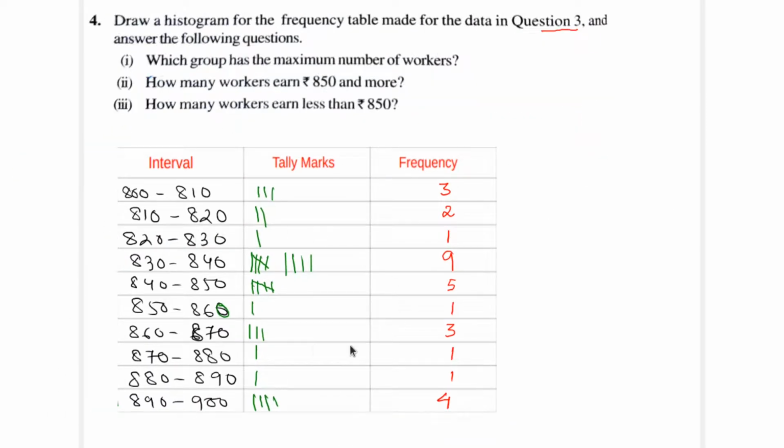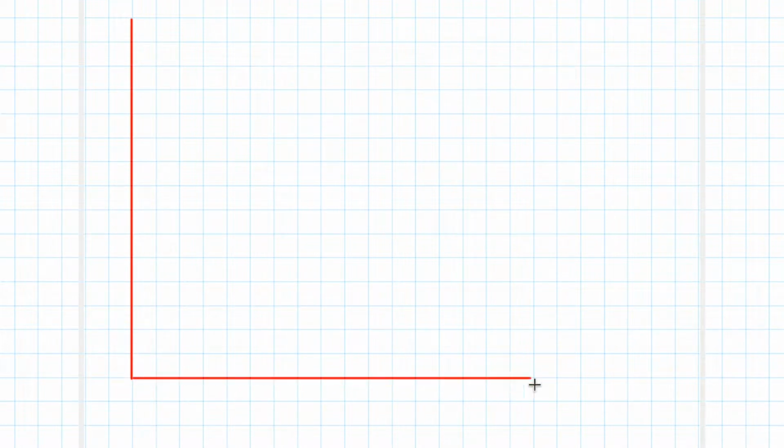Now we will use this table to represent the data in a histogram. So now we will plot the Cartesian plane. Here we will make the y-axis and this is the x-axis, and now we will name it.